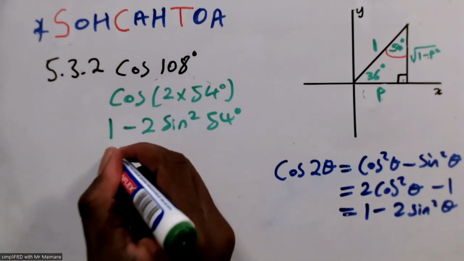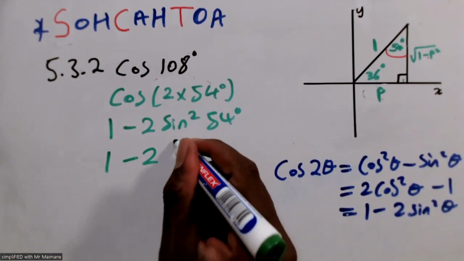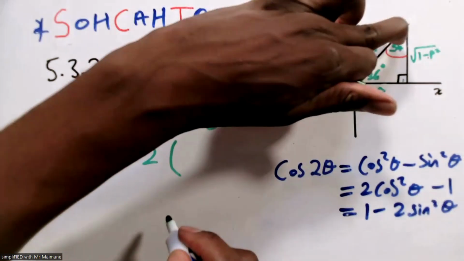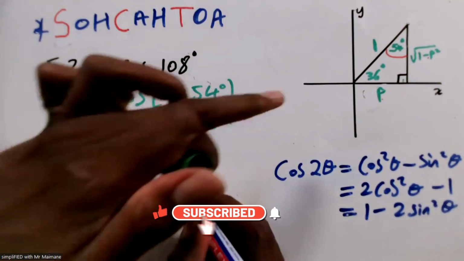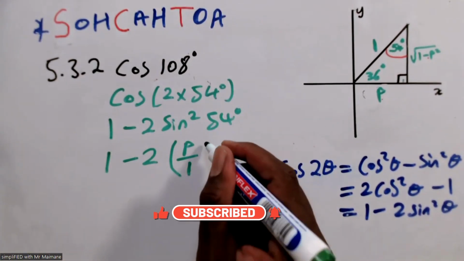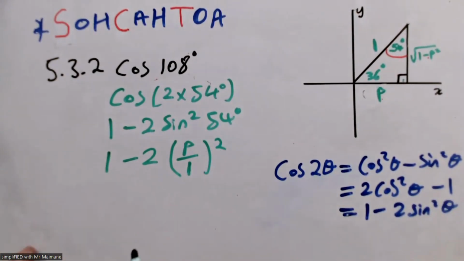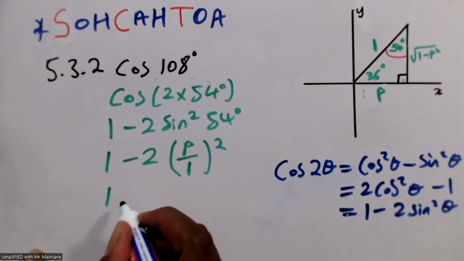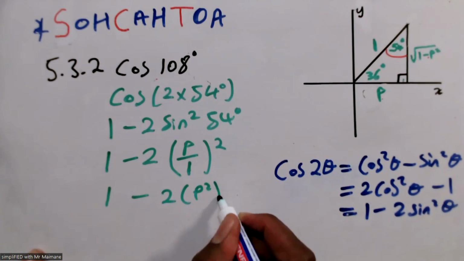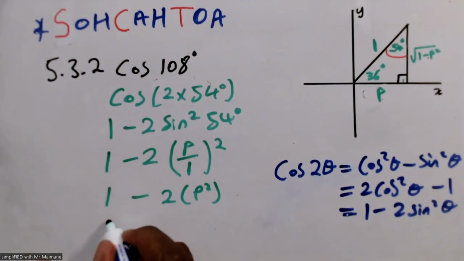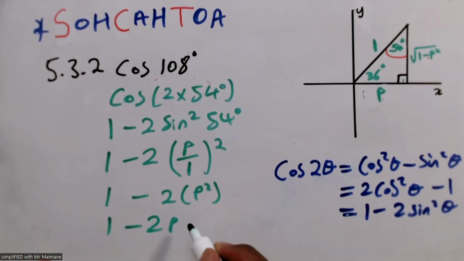So then I'm going to say this is 1 minus 2 into sine 54, which is opposite P over hypotenuse 1, all squared, like that. So therefore, this is going to be 1 minus 2 p squared.